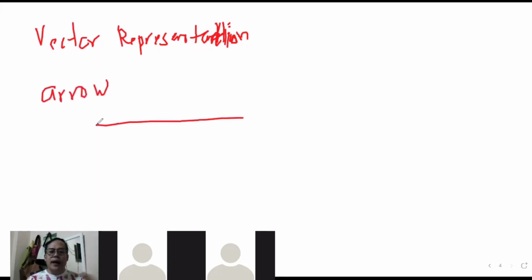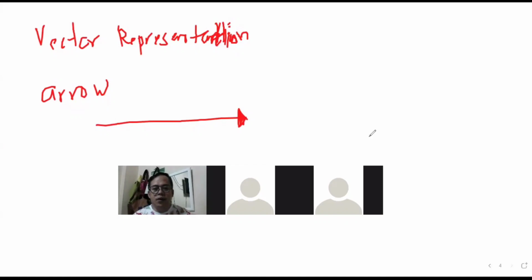So an arrow has two parts. What are the parts of our arrow? Head and tail, sir. Correct. This one is the head. And this one here is the tail. Okay. So the head and the tail are the two parts of the arrow.